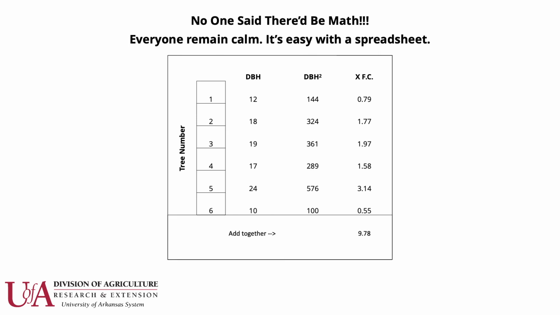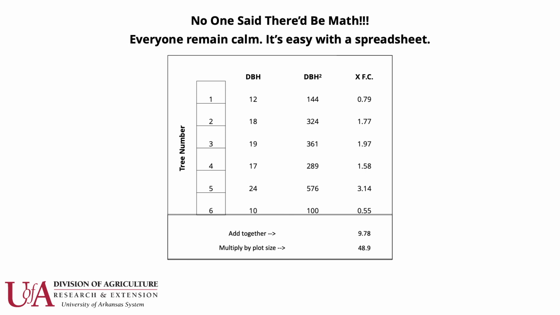When you add them all together and then multiply by the plot size, you get the basal area per plot. So for like a 1/5 acre plot, once you calculate the basal area of every tree, you multiply by 5. You do this for every plot that you measured, and then average the basal areas across all the plots for the stand's average basal area.